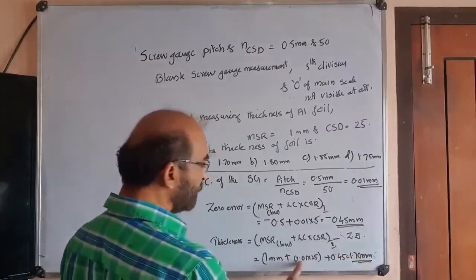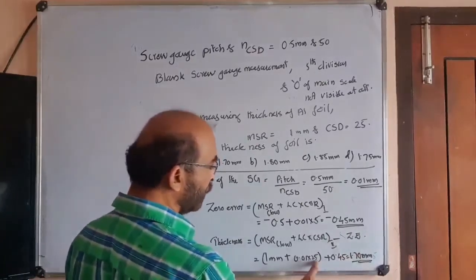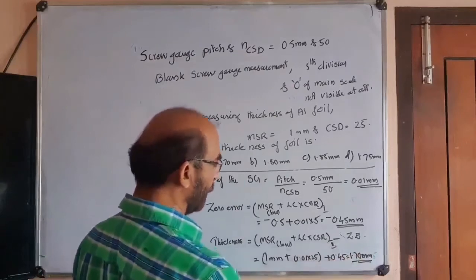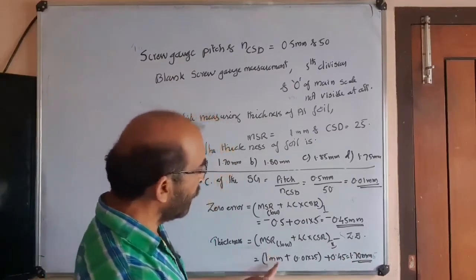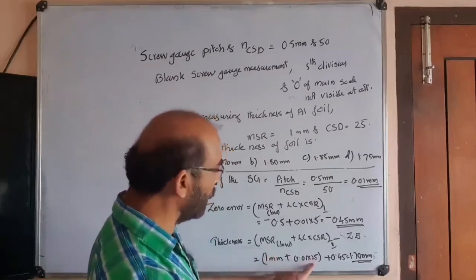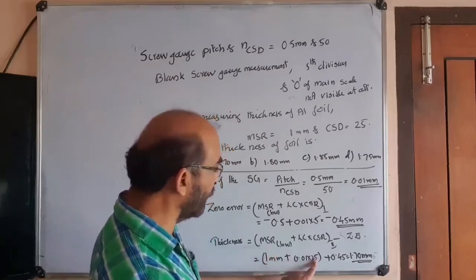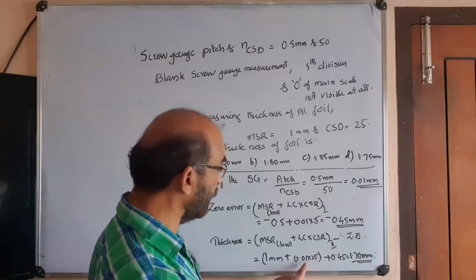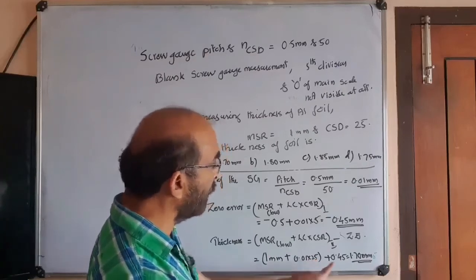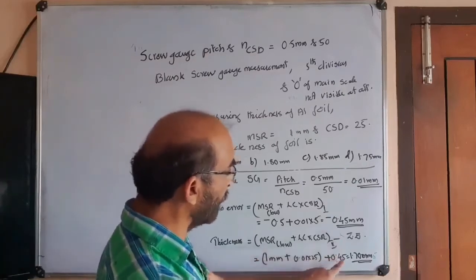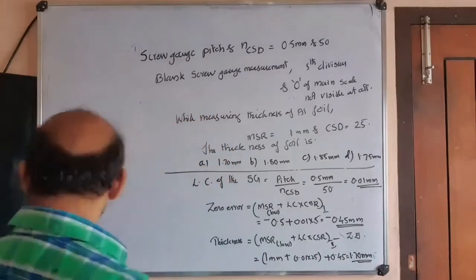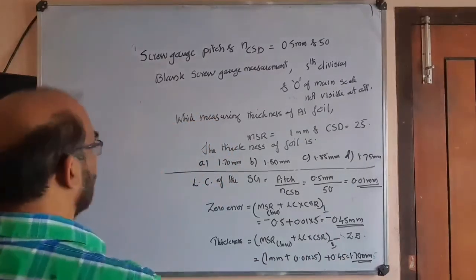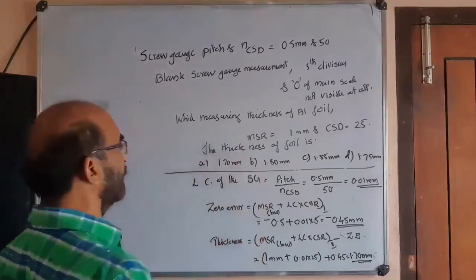So 1 millimeter plus 0.01 into 25 plus 0.45. 1 millimeter is the main scale value. And 0.01 into 25, 25 is the coinciding circular scale reading, 0.01 is the least count. And the error is subtracted, which is the correction. So the total length is 1.7 millimeter. A is the answer.